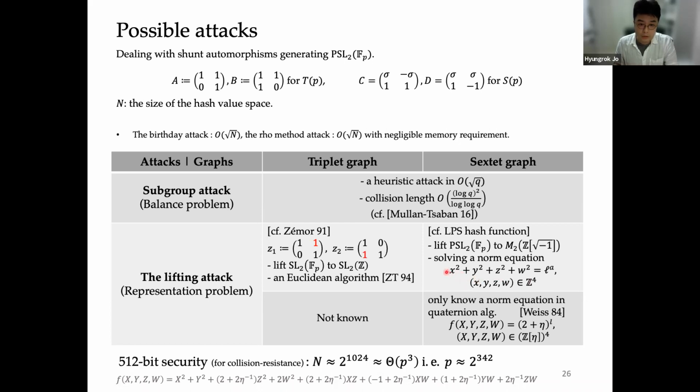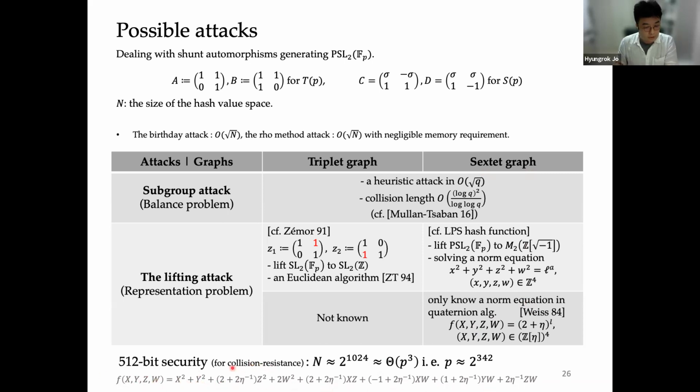We can randomly choose the variables X and Y, and then apply the Conacher algorithm to this. Then we can find the factorization. But in the sextet graph, we don't know how to do it. But actually, there is some information about the norm equation in quaternion algebra for the sextet graph in Weiss, and the norm equation is like this.